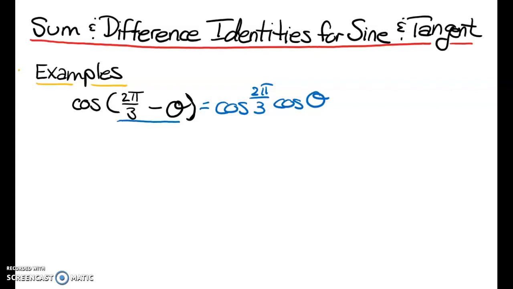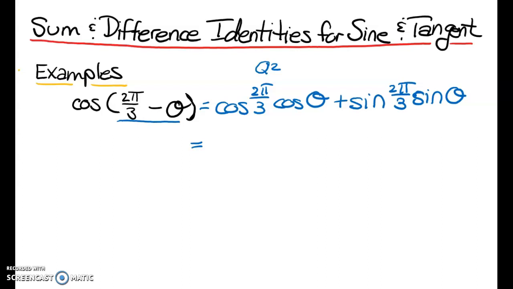All right, so this is going to be cosine of 2 pi over 3 cosine of theta plus sine of 2 pi over 3 sine of theta. I know 2 pi over 3 is a Q2 angle, so cosine is going to be negative, and 2 pi over 3 has a reference angle of 60 degrees.